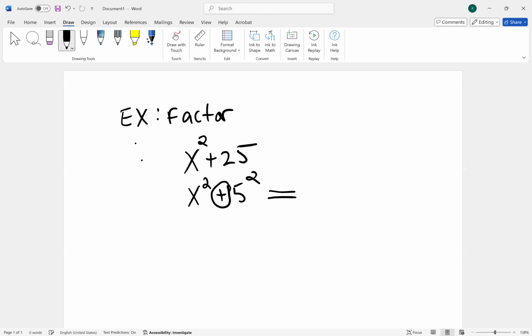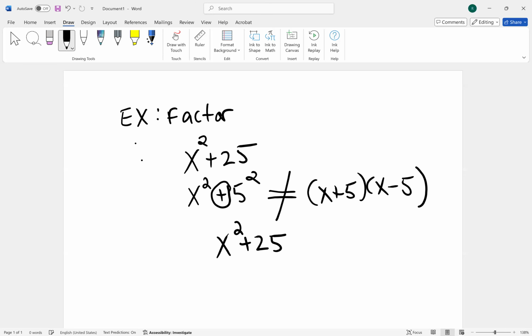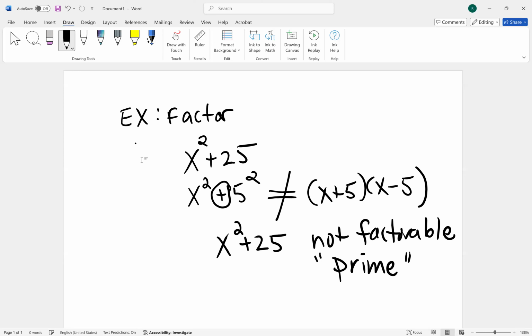So this is not equal to x plus 5 times x minus 5. This only works if it's a difference. So x squared plus 25 is not factorable. We can't factor a sum of squares. So we also call it prime if it's not factorable. So I just wanted to point that out. So don't be so quick just because you see squares, right? If it's a sum, can't factor it.